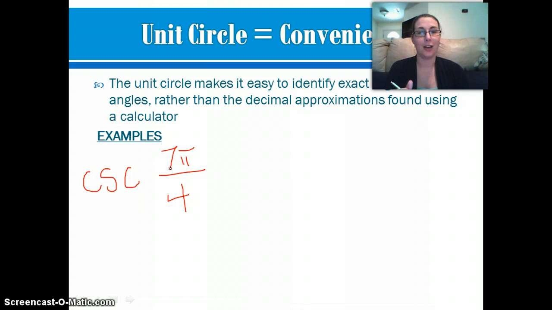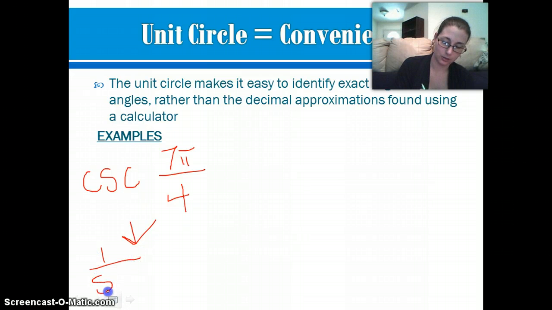Okay, cosecant is the inverse of sine. It's the same thing as 1 over sine. So on my unit circle, I'm going to look at the angle 7 pi over 4. And sine goes along with the y-coordinate of the terminal point.